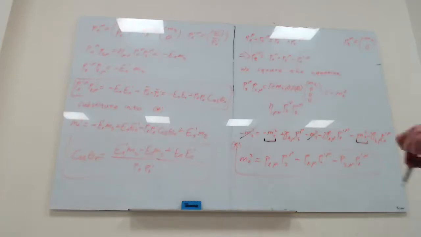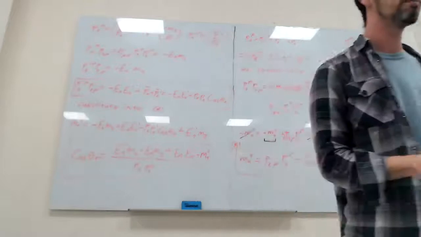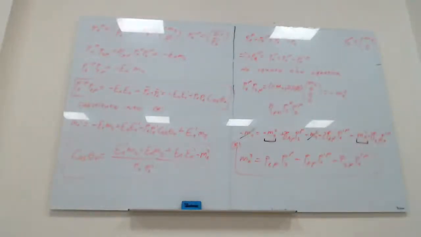Minus m1. Yeah, seems legit. In a similar manner, you can get the cosine derivative.